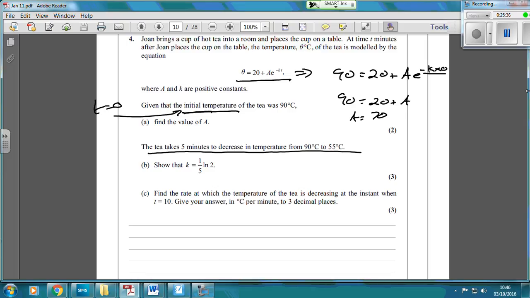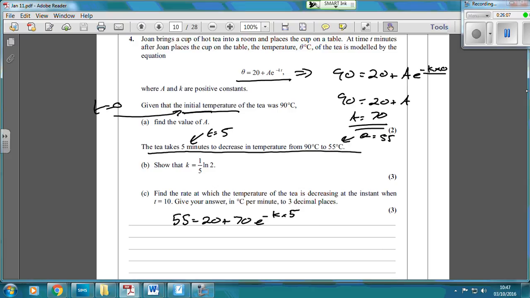And then it tells us that t equals 5, and the temperature theta equals 55. So let's chuck that in. We know that 55 equals 20 plus A, which we now know is 70, 70 e to the minus k times by 5.